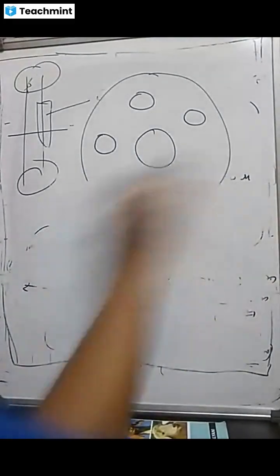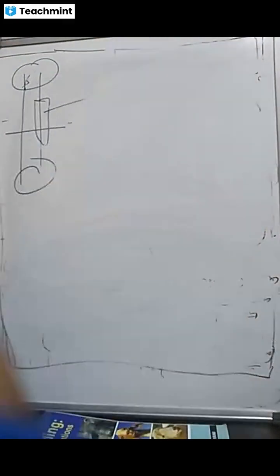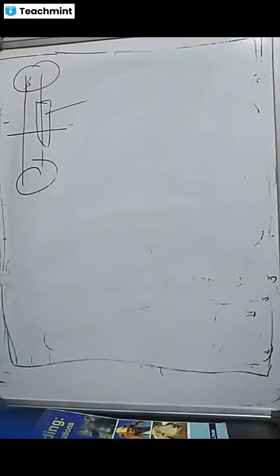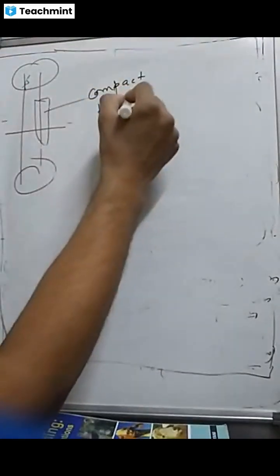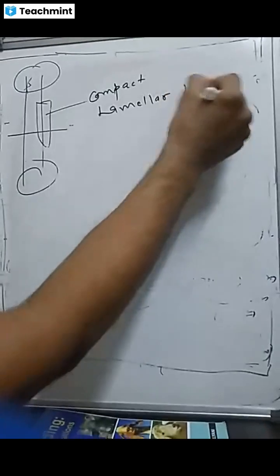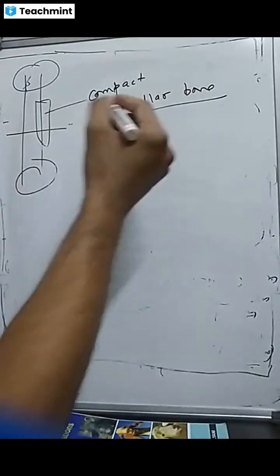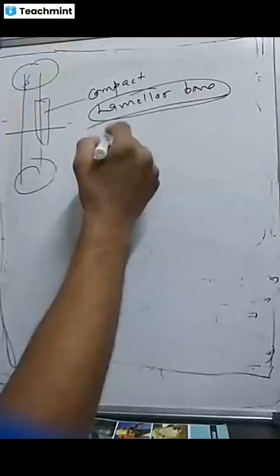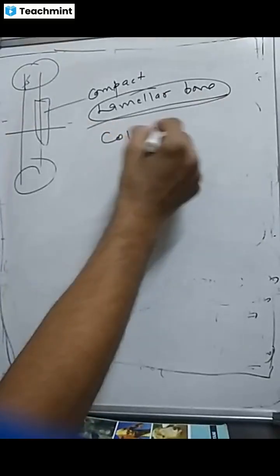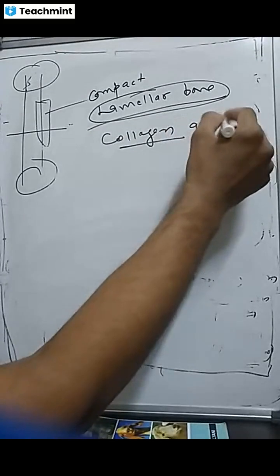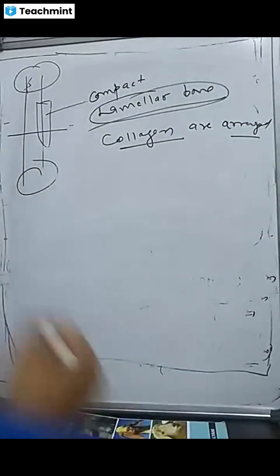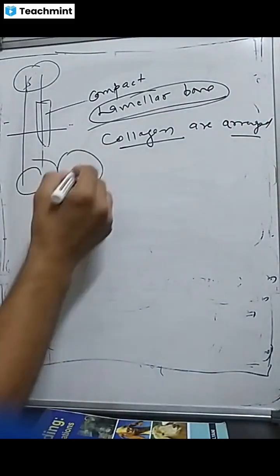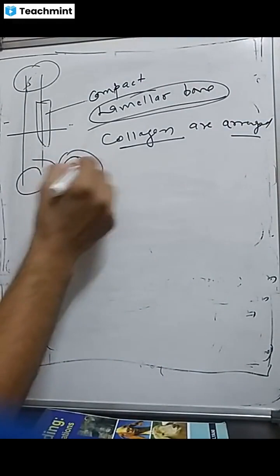So this is lamellar bone. In lamellar bone, let us see how the fibers are arranged, how they are oriented. This is one of the osteons, having multiple lamellae.